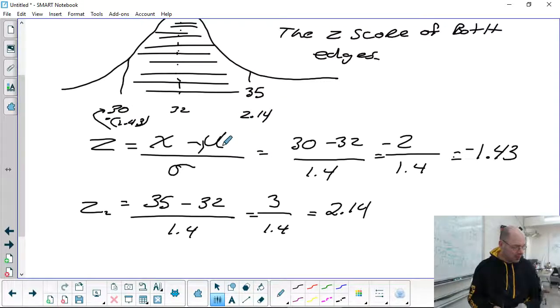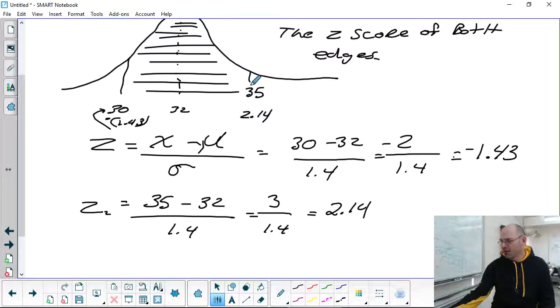So now we use the z-score table to look up the percentages to get the percentage in between. So the left one, the negative 1.43, is going to give us just this area. And then the right one, the 2.14, is going to give us all this area. And we can take this one and subtract this one to get this middle area.